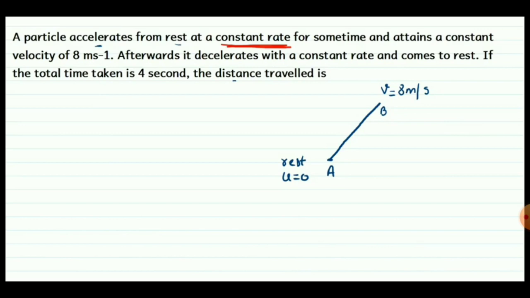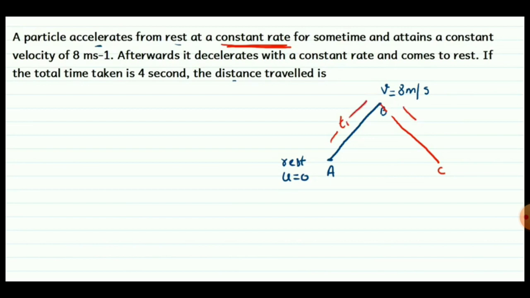Now from this point B, the object starts deaccelerating. Deaccelerating means it is retarding. Velocity of the object is decreasing at the same constant rate. So this time we again have to draw a line, but in the opposite direction. So from B it has reached C and comes to rest.